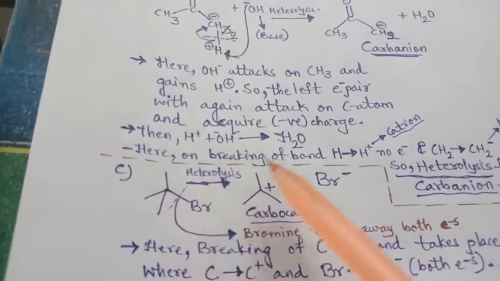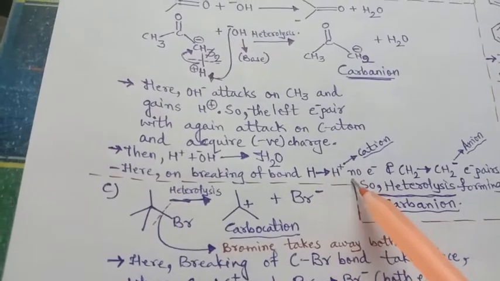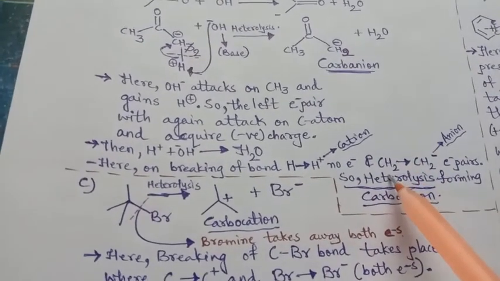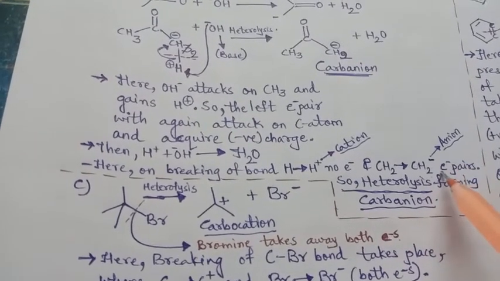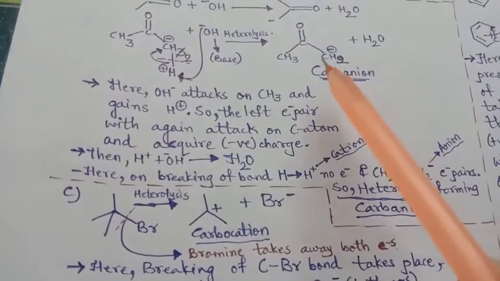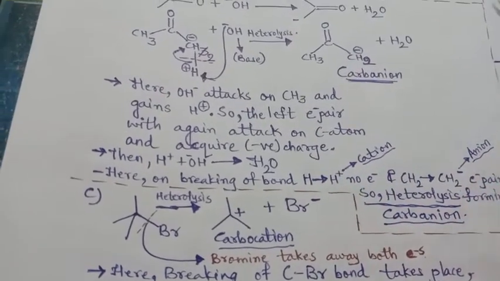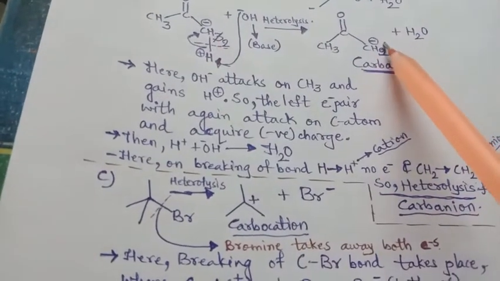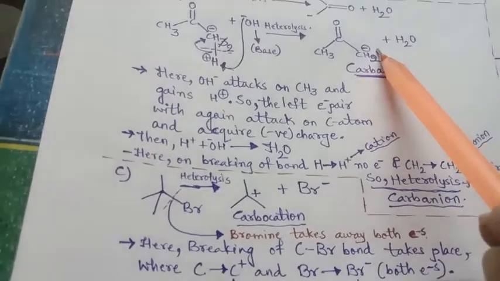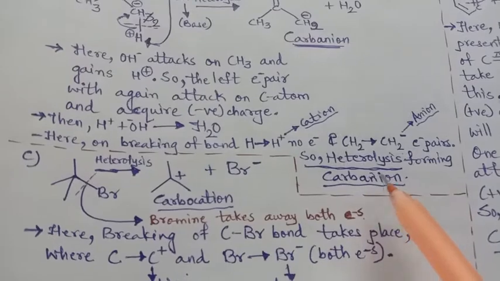And here the breaking of bond is H to H plus, no electron, and CH2 to CH2 minus, that is, an electron pair is available here. So this is cation and this is anion. Right? Here a complete pair is possible, which is shown over here as a product. So this is heterolysis and the reaction intermediate formed is carbanion.